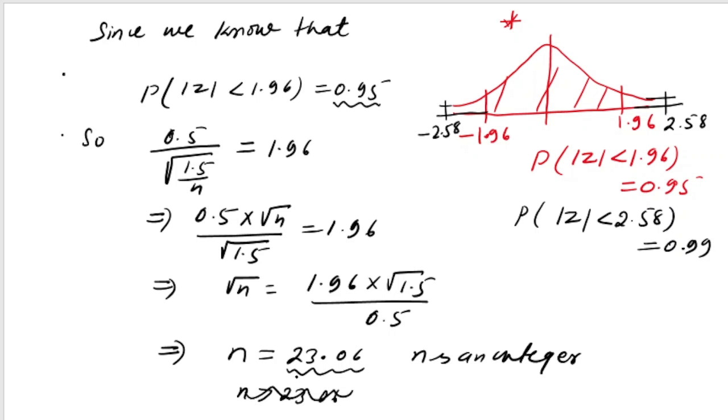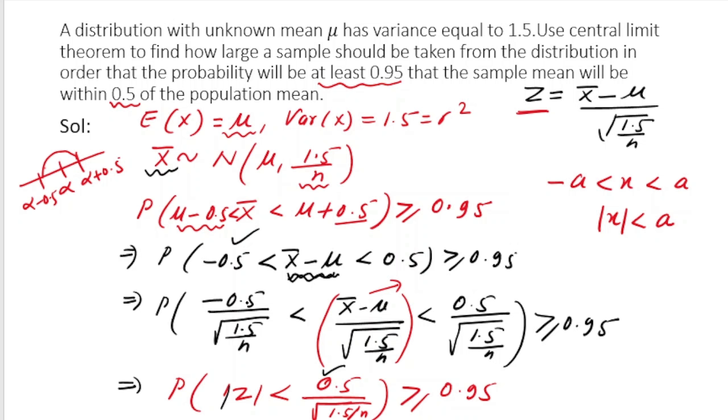So here I write that the least value of n will be equal to 24, right? So n will be 24. If I take n equal to 24, then in that case the probability that the sample mean will lie within 0.5 of the population mean will be 95% or more.